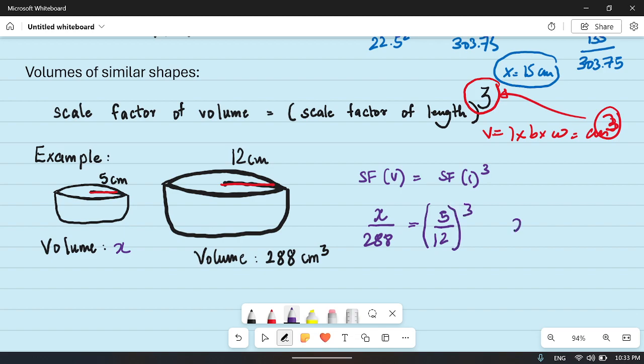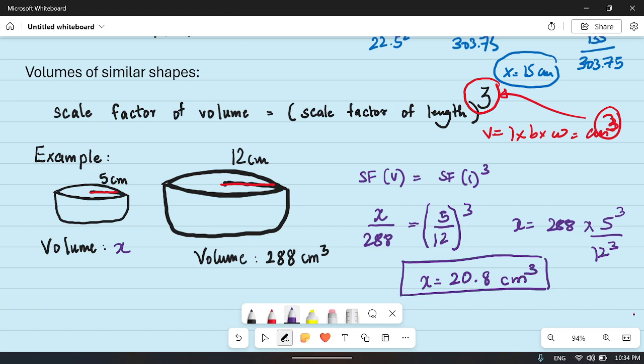Hence my x will be 288 times 5 cubed all over 12 cubed. And when you put that on your calculator, you should get 20.8. So because it's volume, it will be 20.8 centimeters cubed. That should be our final answer.